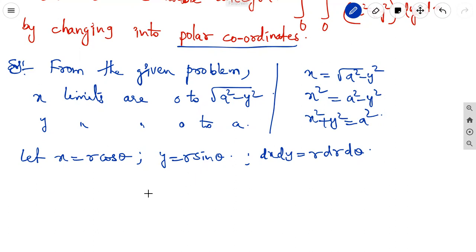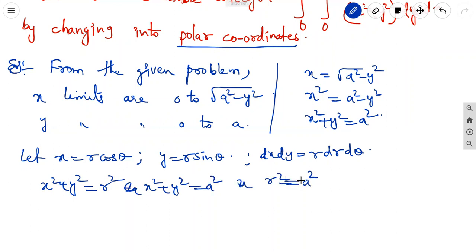Here we know that x square plus y square is equal to r square. Here x square plus y square is equal to a square. Both are the same. From this r square is equal to a square, then r is equal to a.